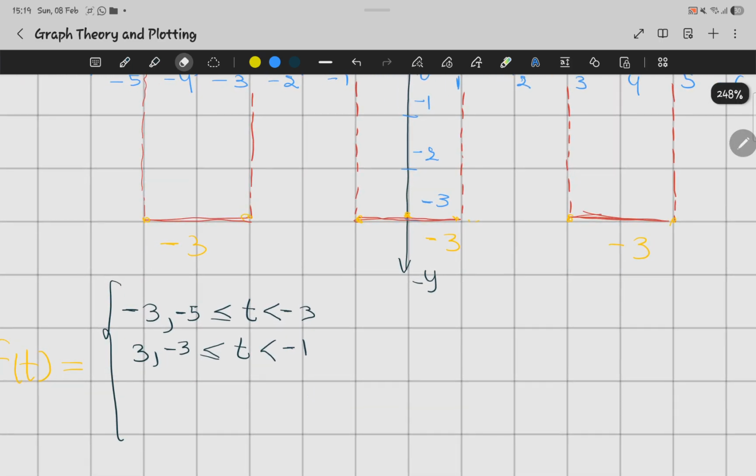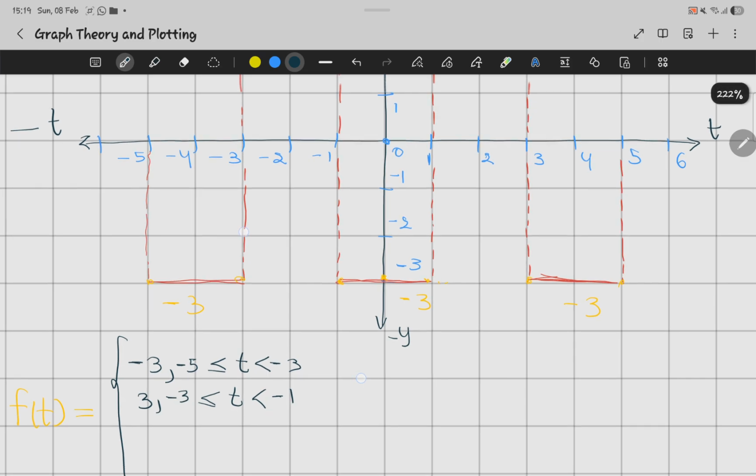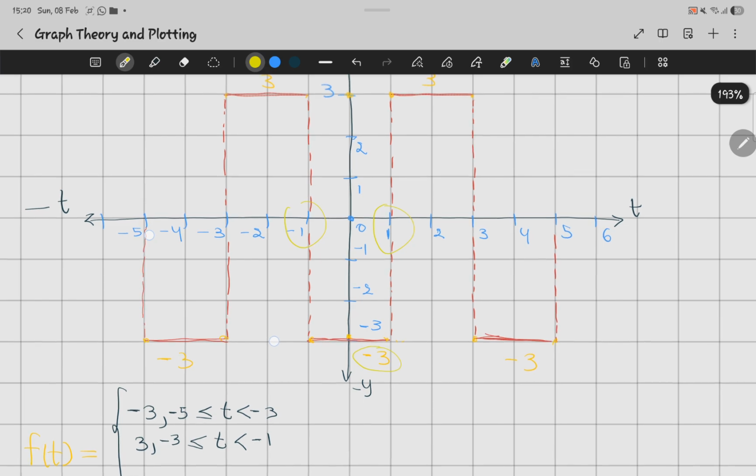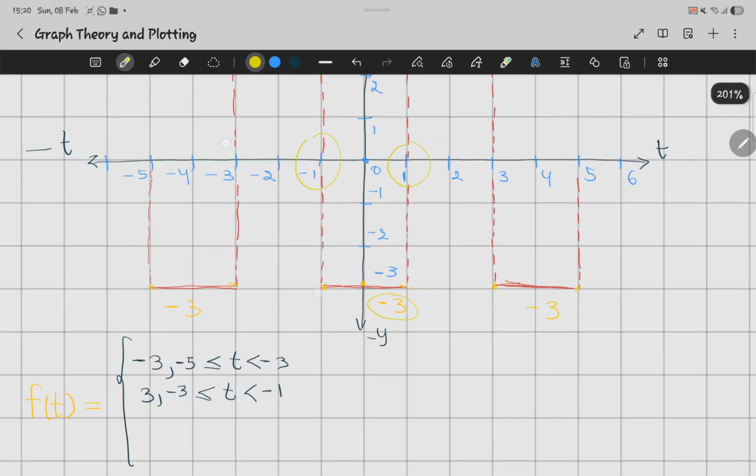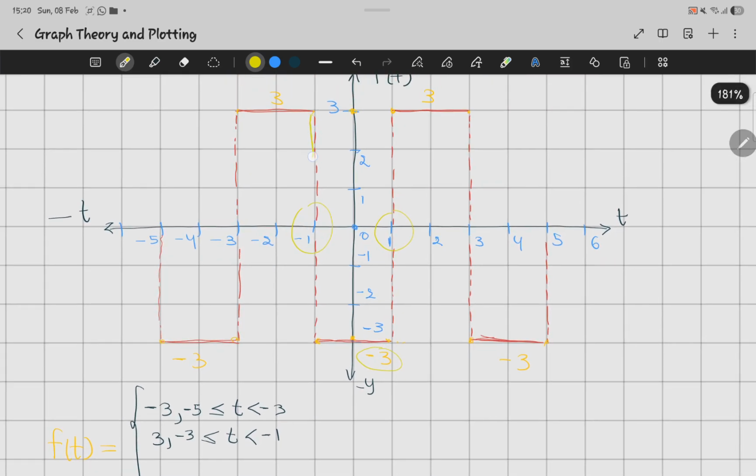Let's continue with the other point. Here, if you see, -1 and 1, and then we have 3. The representation of these two: if you want to be clear, since we're working with t, this is the starting point at t, and this is another ending point.